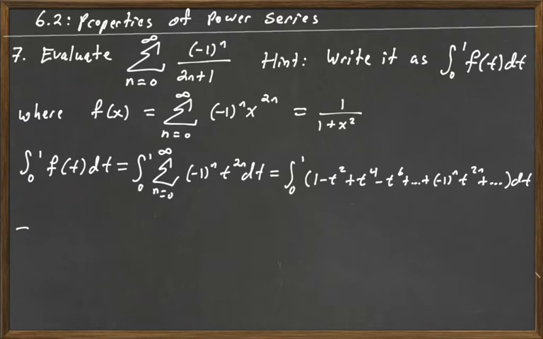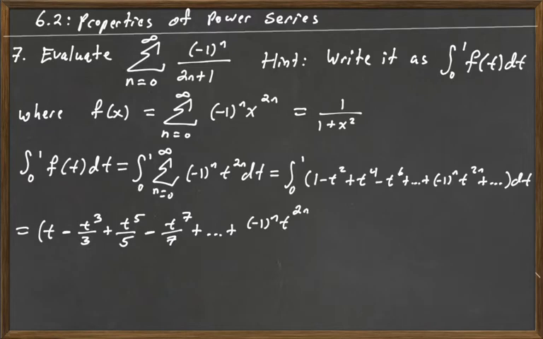So performing the term by term integration, that's going to be t minus t cubed over 3 plus t to the 5th over 5 minus t to the 7th over 7 plus dot dot dot. The nth term would be negative 1 to the n t to the 2n plus 1 divided by 2n plus 1, etc. And then we're going to evaluate that from 0 to 1.